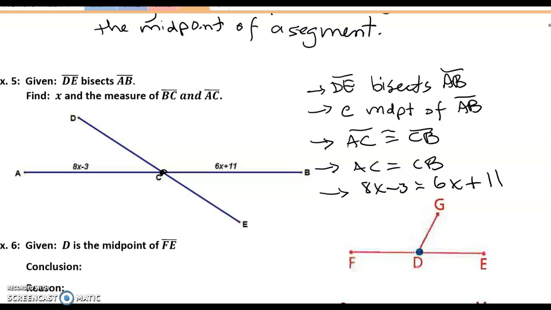And because we have a midpoint, that means segment AC is congruent to segment CB. And because those two segments are congruent, we know that their measures are equal. So AC is equal to CB. And with that statement, we are able to set those two expressions equal to each other. 8x minus 3 is equal to 6x plus 11.